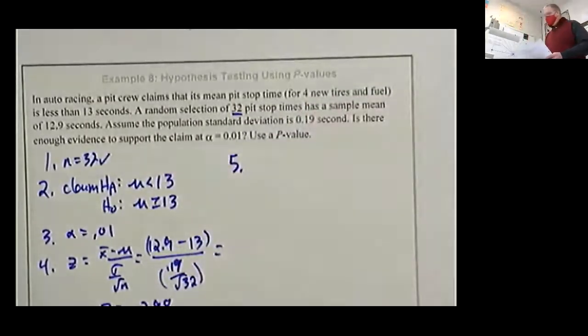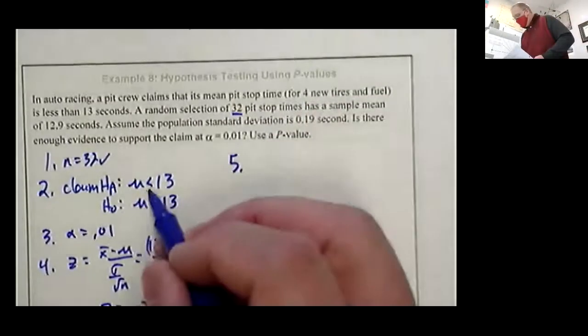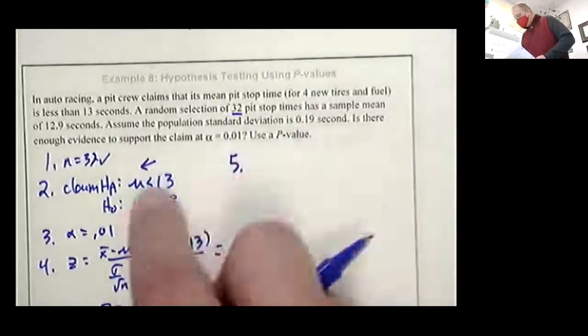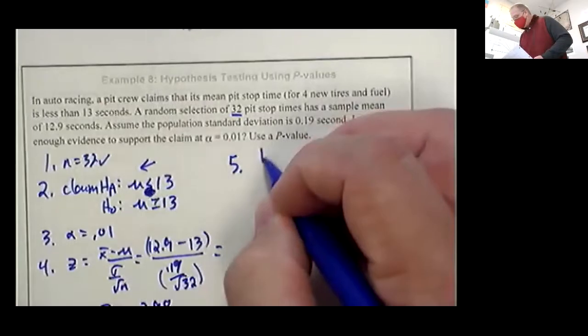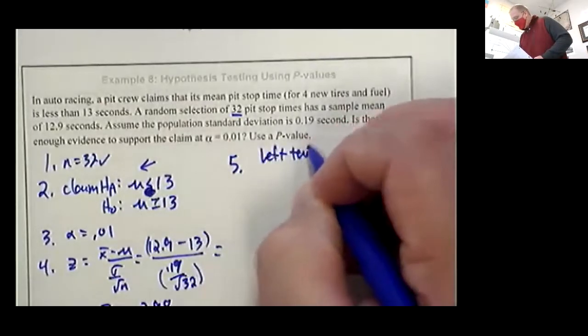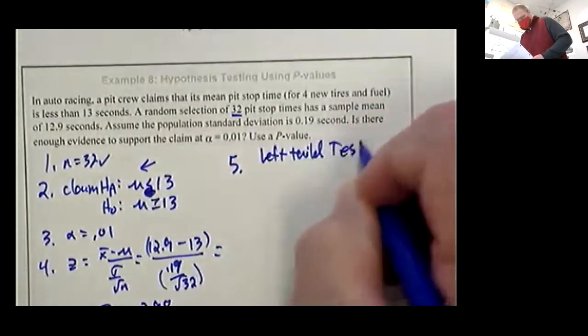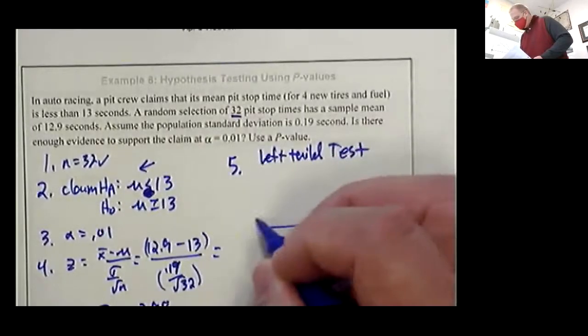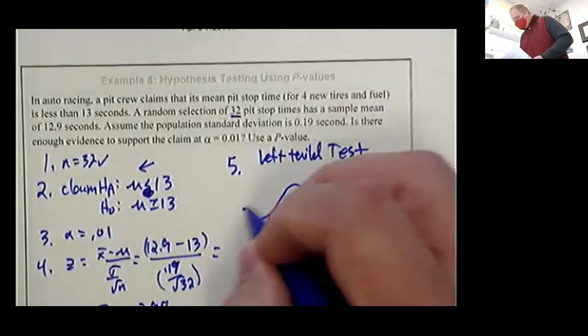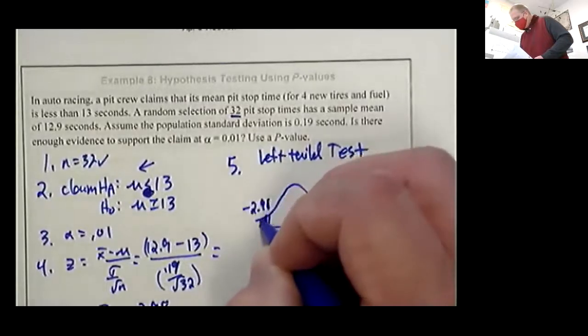Okay, now we want to run our test. So we're going to look at the alternative to see what we did. Because the little sign is going to the left, this is a left-tailed test. So here's our picture, here's our z at negative 2.98. We want the area to the left.